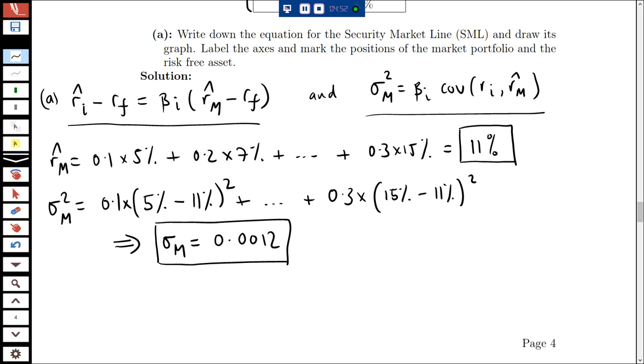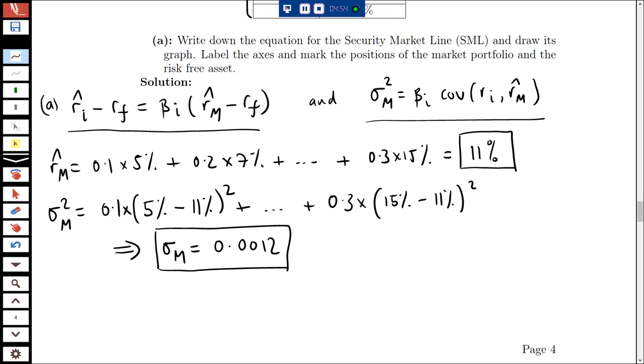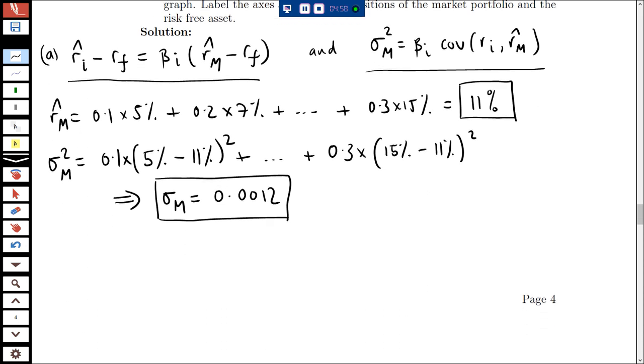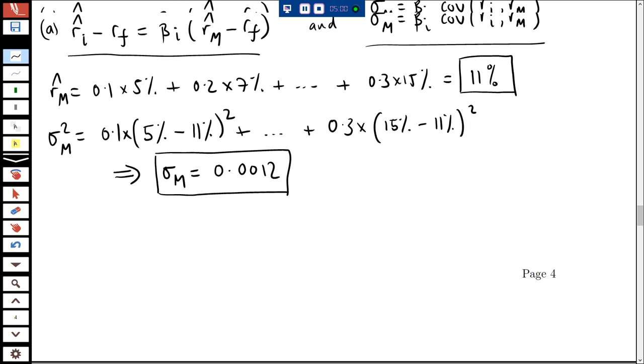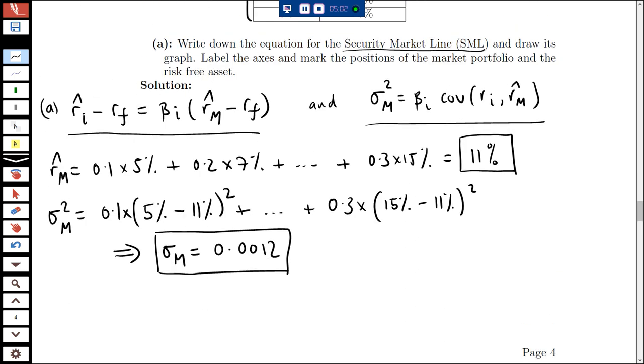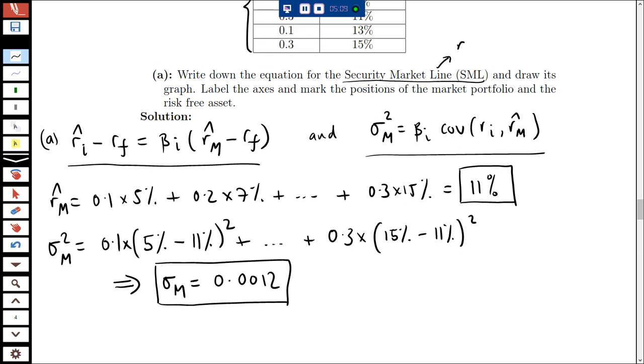Let's calculate this security market line. Okay, so what is that? Well, it is the expected returns on an asset versus the beta values.